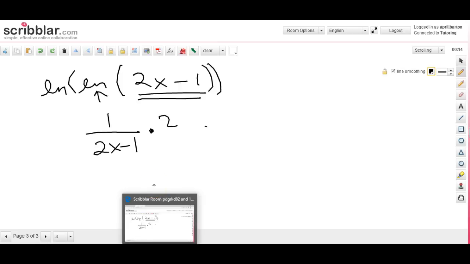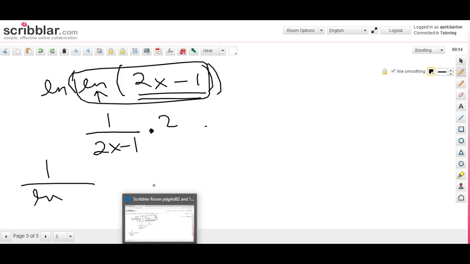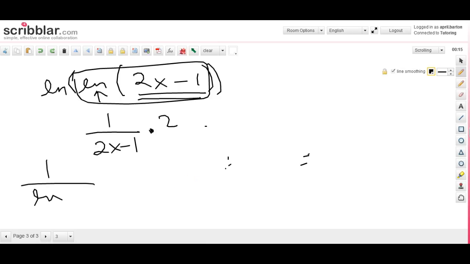And then we have to do it again, derivative of this outside, 1 over, evaluated at the inside, so this is all of the inside now, so natural log 2x minus 1, times the derivative of the inside, and that's what we just found, so 2 over 2x minus 1.